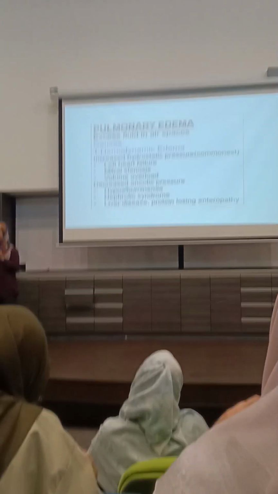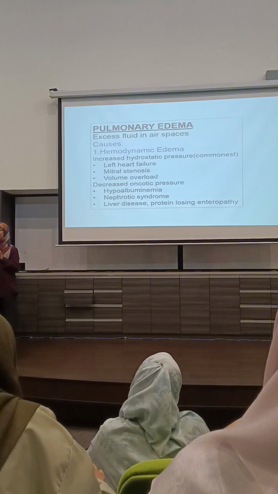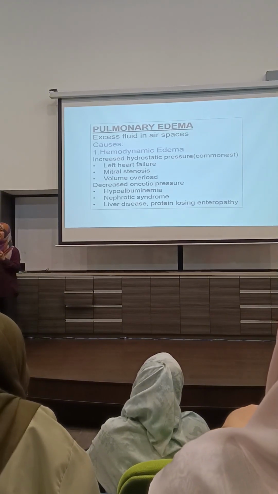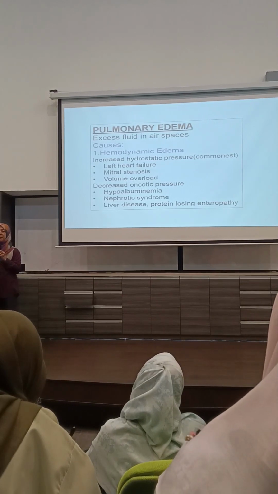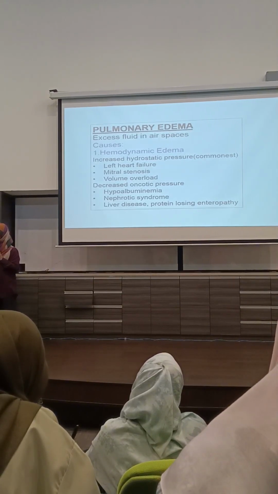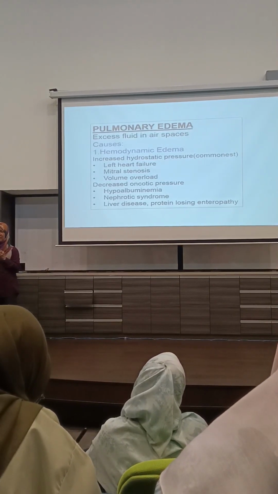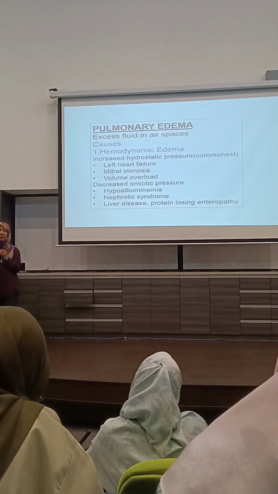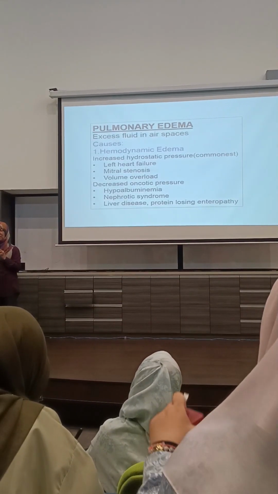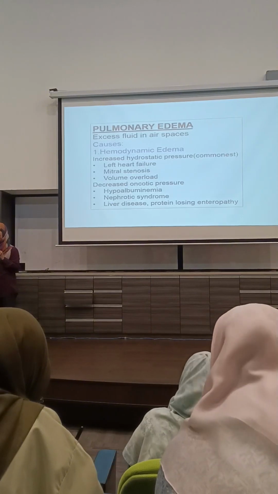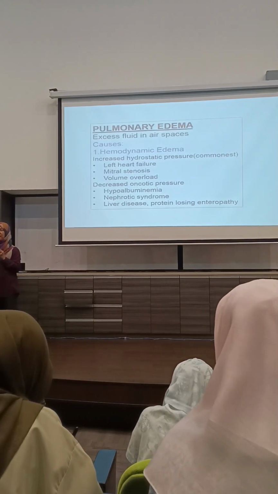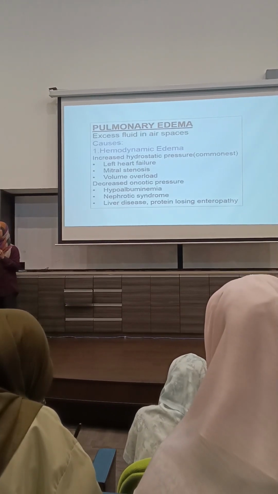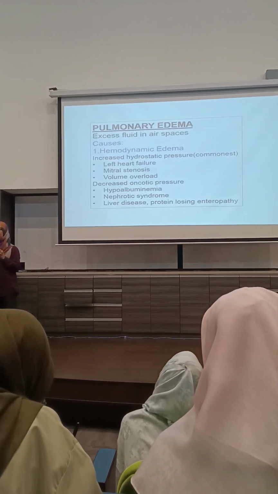So what kind of edema do you get? Yeah, there are edemas that are hemodynamic. You either increase what pressure? Hydrostatic pressure, or you reduce oncotic pressure. So remember that basic, if you apply this basic knowledge, then edema anywhere is the same. So here in the lung, it is the same.